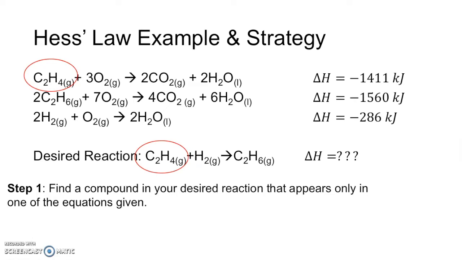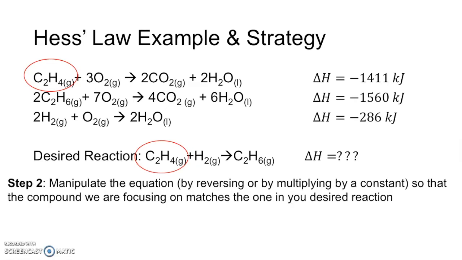So now what we do is we manipulate the first equation by either flipping it or multiplying by a constant so that the coefficient matches the one in our desired reaction, and of course we hope that it's on the same side as in our desired reaction.